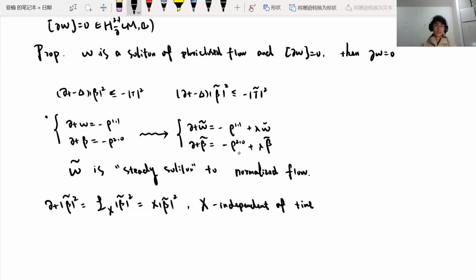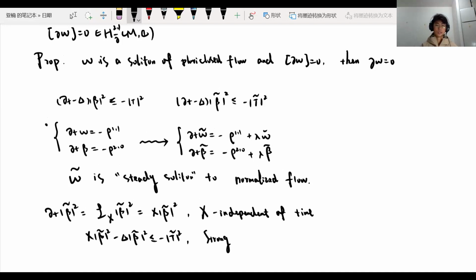Since it is steady, this equation becomes an elliptic equation. The strong maximum principle tells us beta must be a constant and H is zero. So actually it is Kähler.